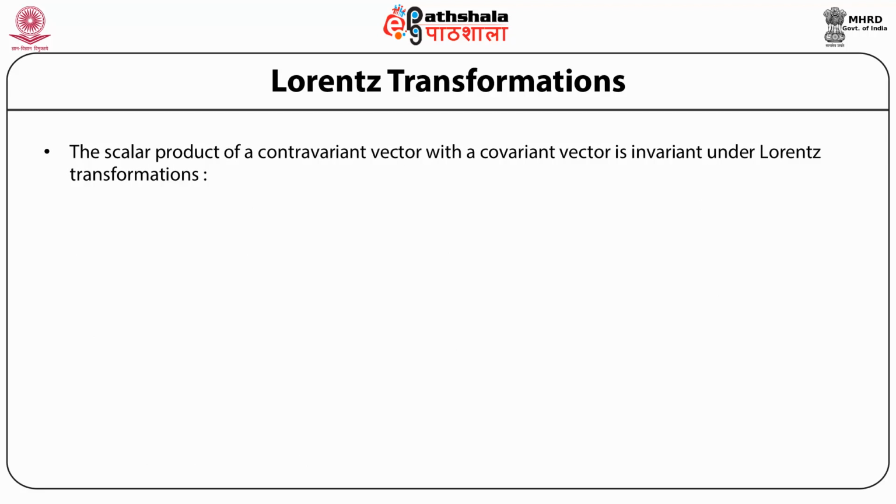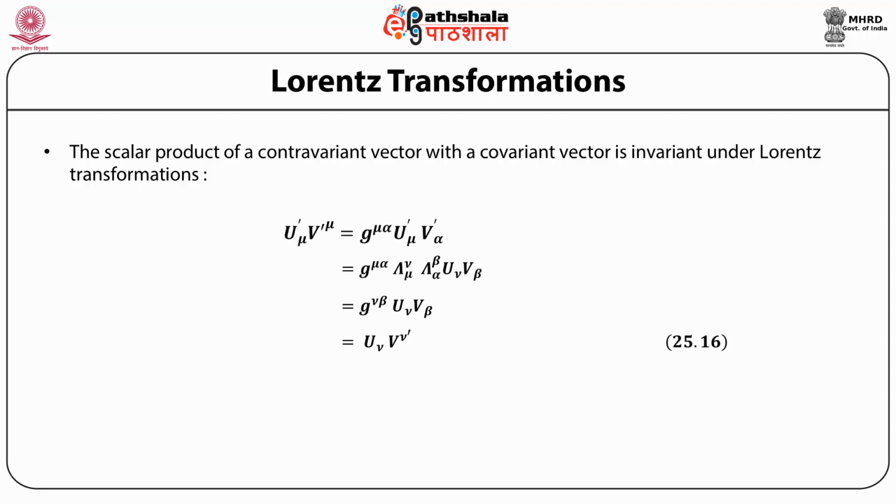The scalar product of a contravariant vector with a covariant vector is invariant under Lorentz transformations. That is, the covariant u'_μ into the contravariant v'^μ is equal to the contravariant g^{μα} into covariant u'_μ into covariant v'_α.